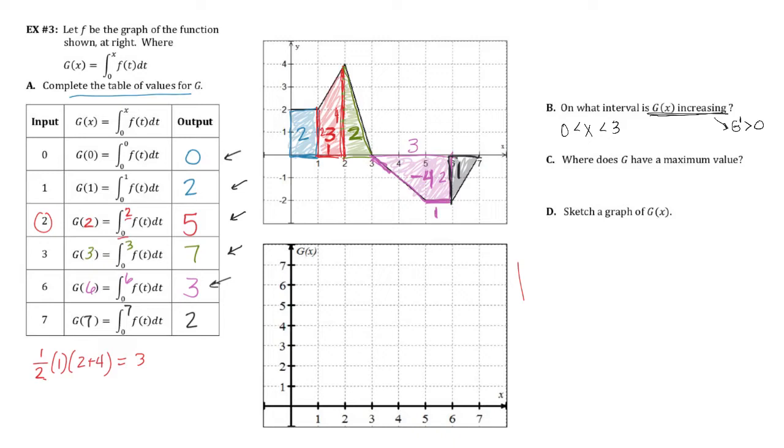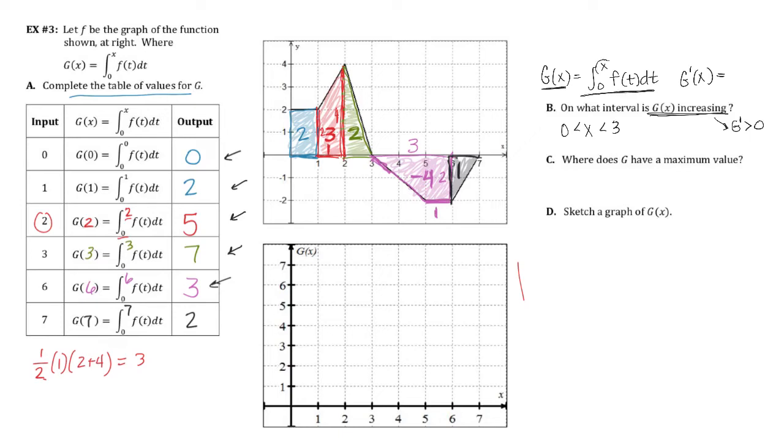In other words, what we can say here is that if G of x is defined to be the accumulating function from 0 to x of f at t dt, then G prime at x, if I do the derivative of this, remember that undoes all of this.